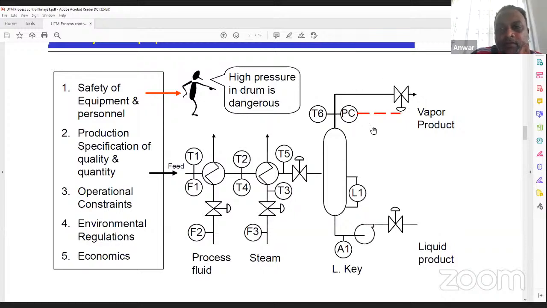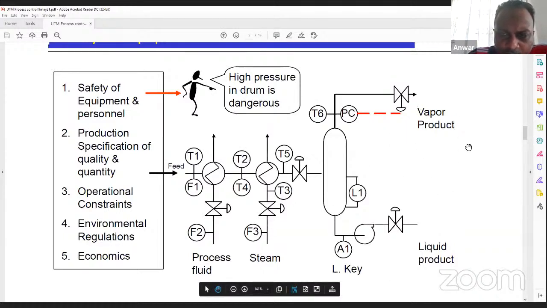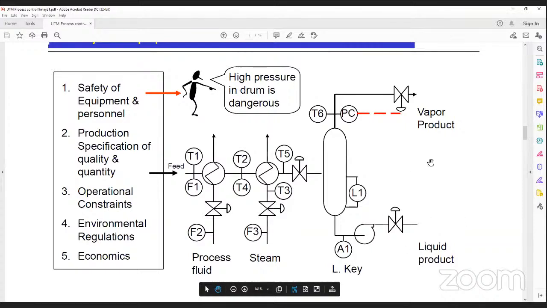You can have the pressure control system take care of the pressure that you would like to maintain in the system, and at the same time, if there is any overpressure or under pressure, the control valve will be able to release or contain pressure, so that you can achieve both the vapor product and the liquid product specification.